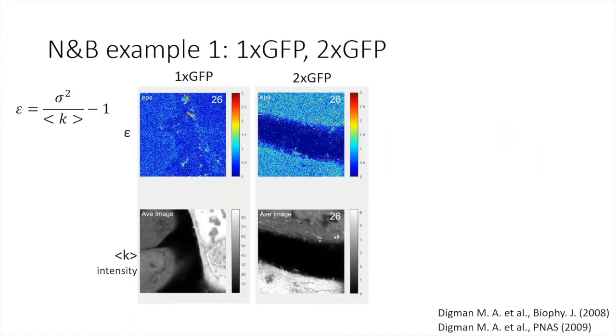For example, this is what we did in the lab. For monomer GFP and 2x dimer GFP, you can see the epsilon value increase here. And it does not depend on the average intensity. Some cells are dim and some cells are very bright, but the epsilon values are similar.